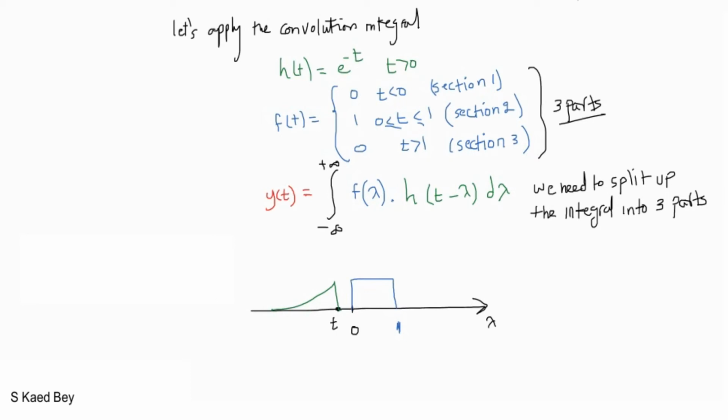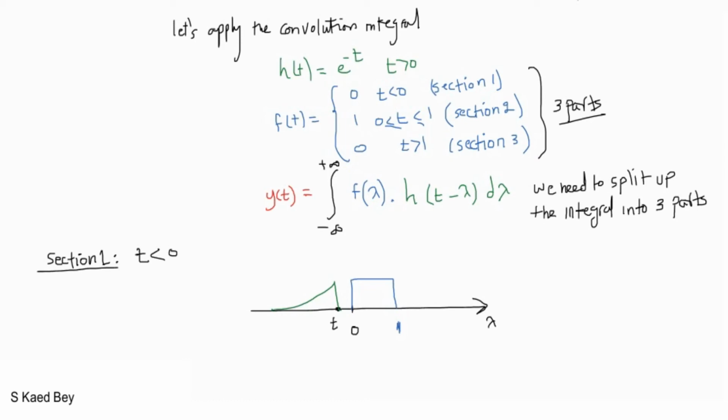Okay, back to the convolution integral. Let's verify the results above using the convolution integral. As we mentioned before, because the input function shown in blue has 3 distinct regions or sections, we will need to split up the convolution integral into 3 parts. Section 1 is for t less than 0.